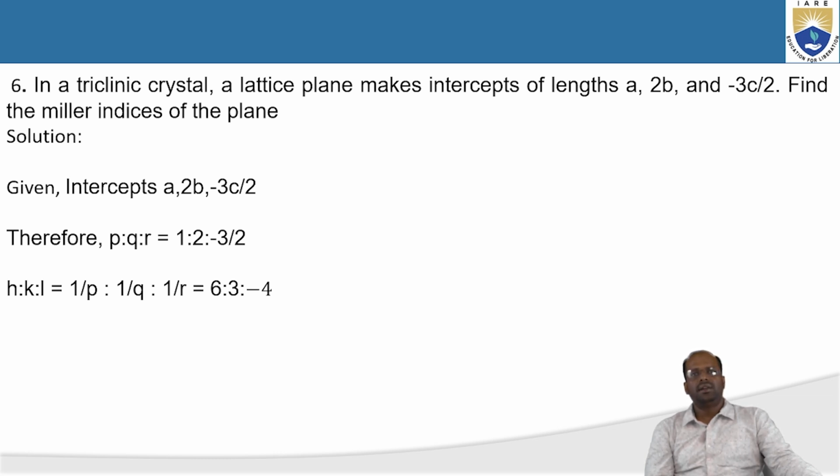The resultant values we are getting are 6, 3 and minus 4 as the h k l Miller indices. Finally, minus 4 we cannot represent as minus in Miller indices form; we represent it with a bar.